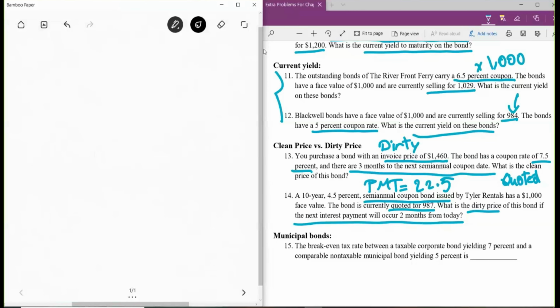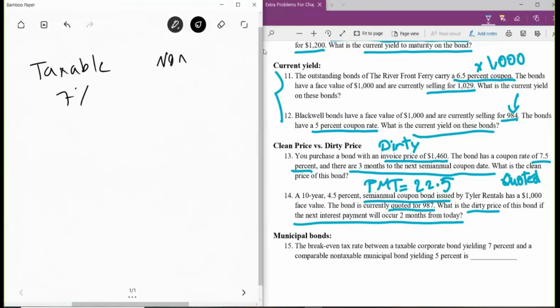Now for the last problem, the break-even tax rate between a taxable corporate bond yielding 7% and a comparable non-taxable municipal bond yielding 5%. This is what we need to find. So this is the taxable, 7%.